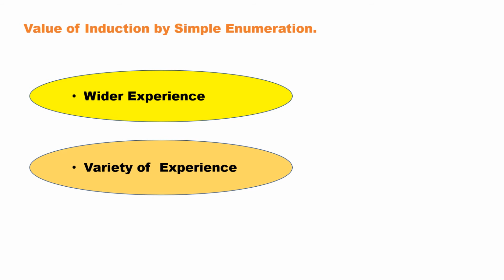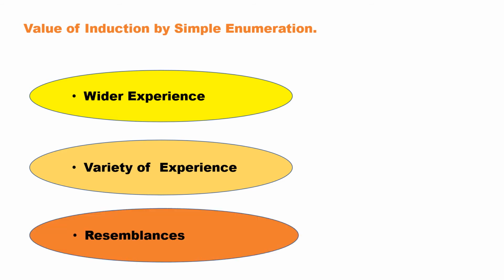Such variety of experience with uniformity and uncontradictory instances will make the conclusion more valuable in simple enumeration. Third is resemblances, that is, the value of simple enumeration is also affected by the nature of resemblances.